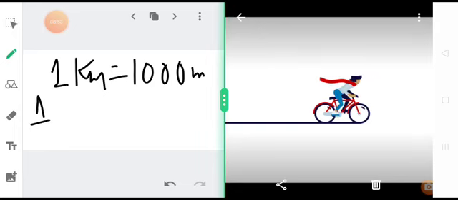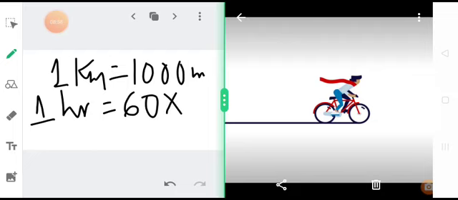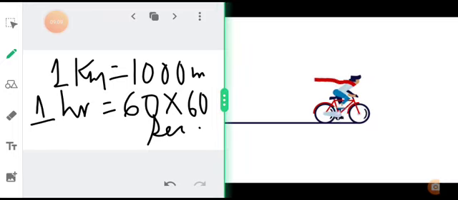And 1 hour is equal to how many minutes? 60 minutes. And how many seconds make 1 minute? 60. So 1 hour is equal to 60 into 60 seconds. Using these conversion factors, we can convert from kilometer per hour to meter per second.